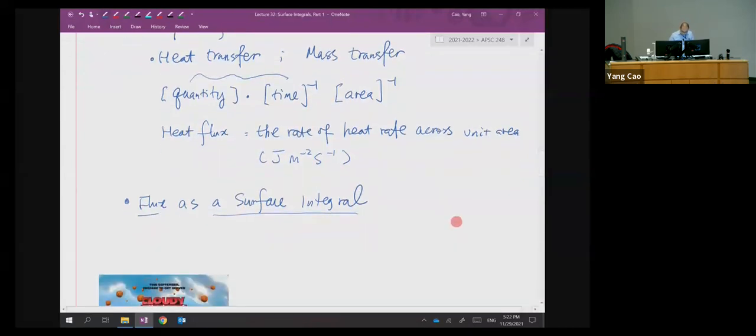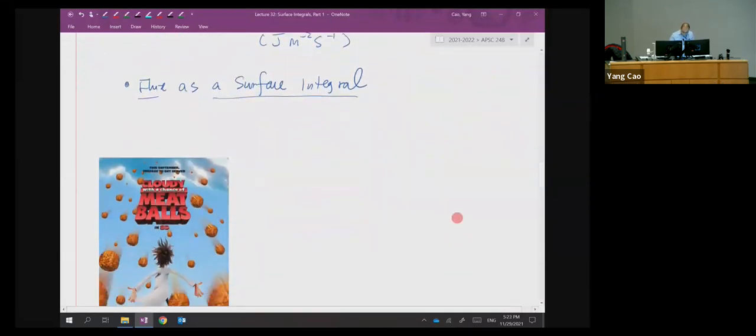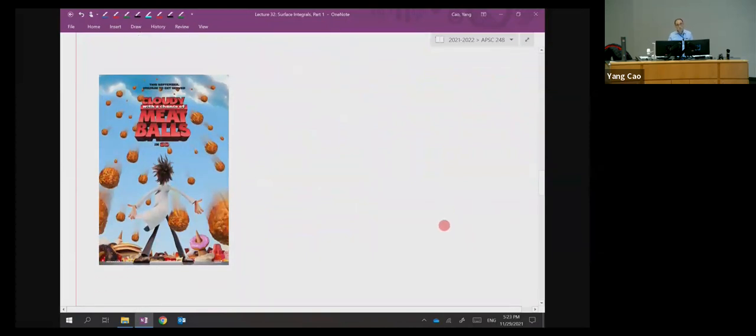All right, so now let's do a bigger picture illustration of understanding the flux first. I bet you have watched the animation Cloudy with a Chance of Meatballs. A miracle happens, meatballs and other yummy stuff falling off the sky. So here's a simple question for you.